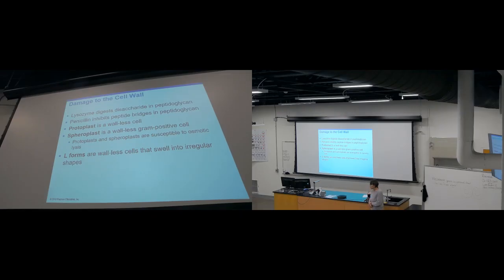Some microorganisms, when you damage their cell wall, take different shapes. They become pleomorphic. Typically bacteria have only one shape, so they are monomorphic, but when you damage the cell wall, they become pleomorphic.